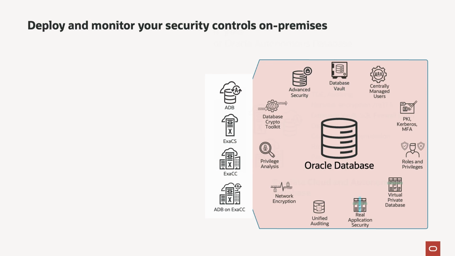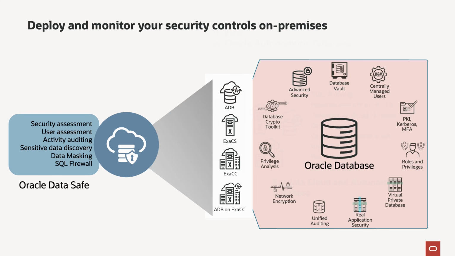So whether you're in the cloud or on-premises, Oracle Database security capabilities are available to you. Whether it's a feature or a licensed option, those capabilities exist across all of the Oracle databases, whether it's Autonomous, Exadata Cloud at Service, Exadata Cloud at Customer, on-prem databases, or any of your databases in the multi-cloud. The same thing is true for Oracle Data Safe.